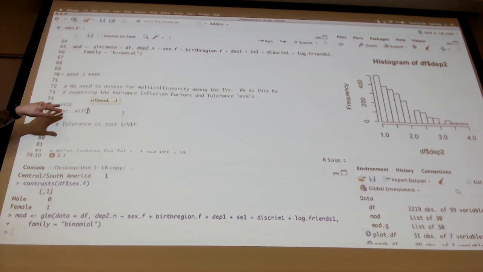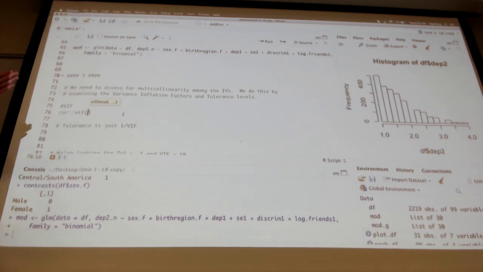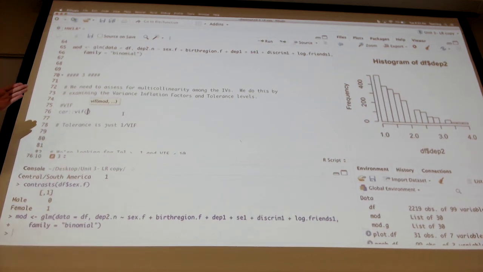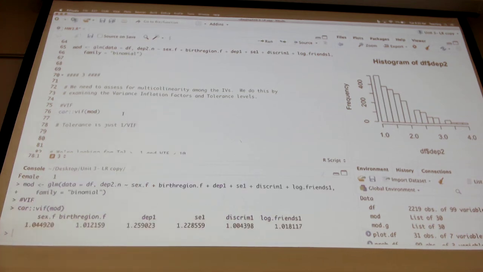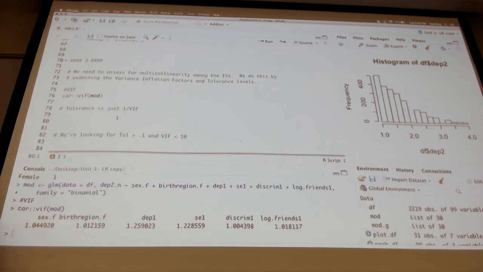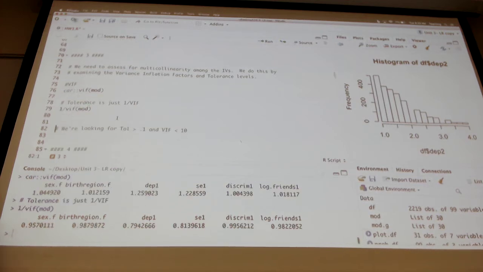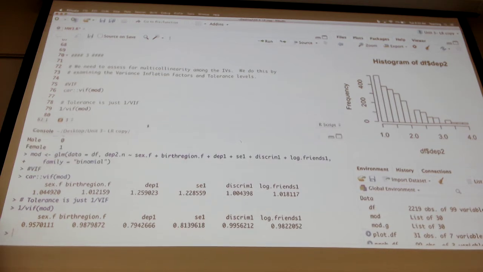I'm trying to get better about at least using the explicit on the first time we use something to help point to where functions are coming from. So this VIF thing, you just put in your model. Like I said, for tolerance, it's just 1 over VIF. So we can run both of those things.